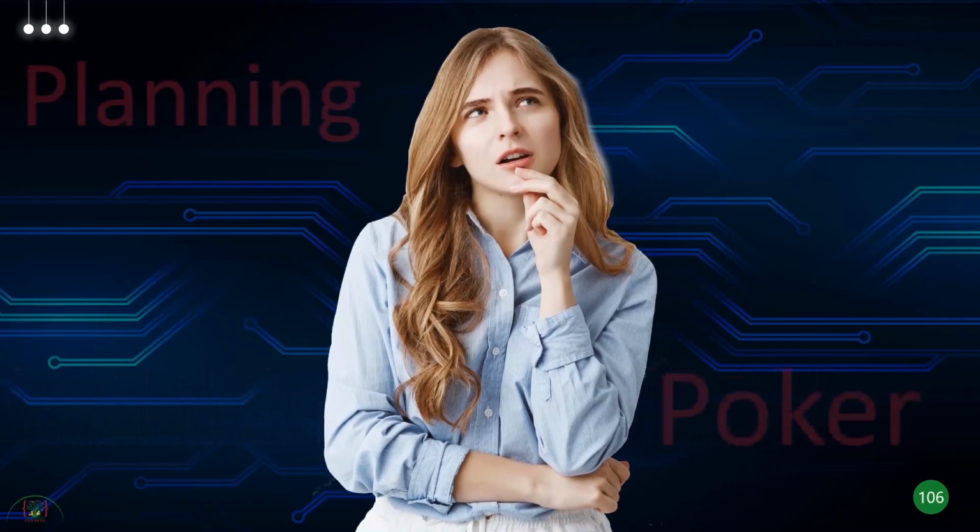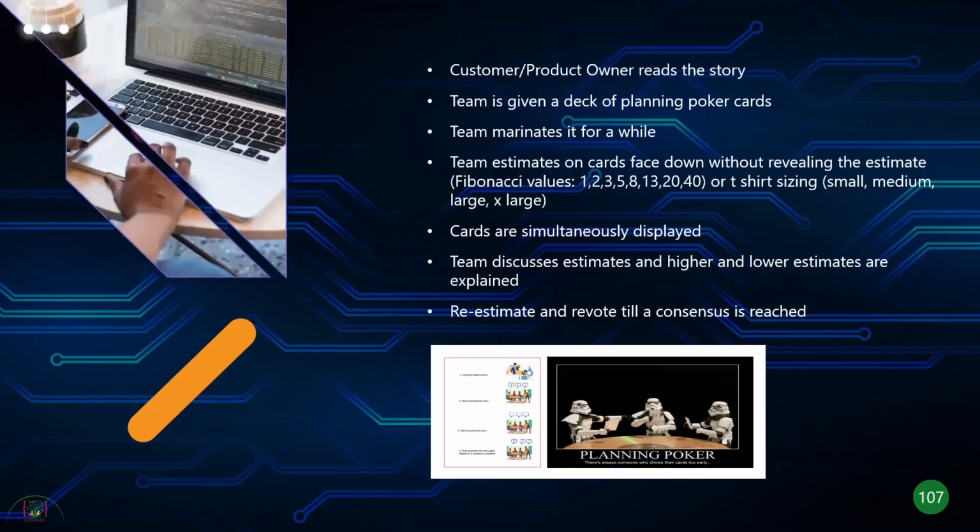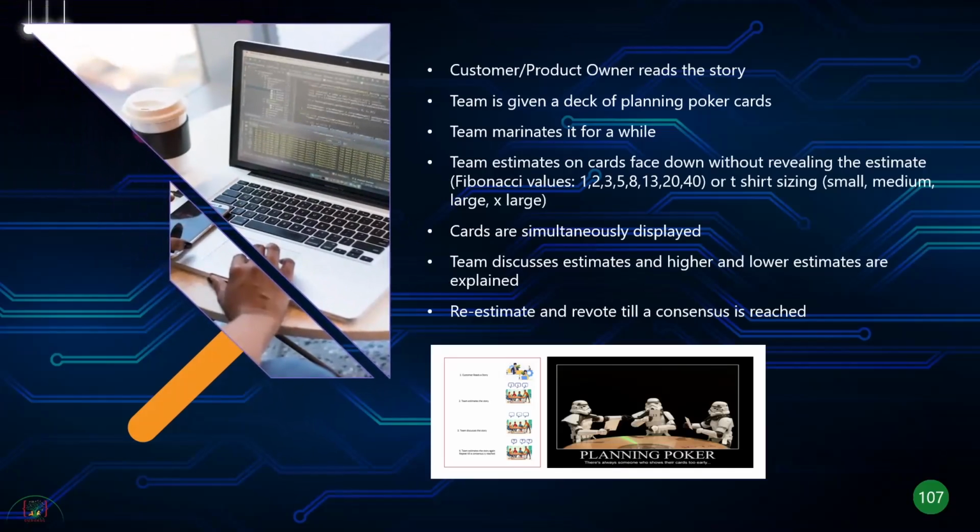So let's talk about planning poker first, right? In planning poker, if the product owner is present, they will read the story. It's like playing a poker game, right? So the team will be given a deck of planning poker cards.